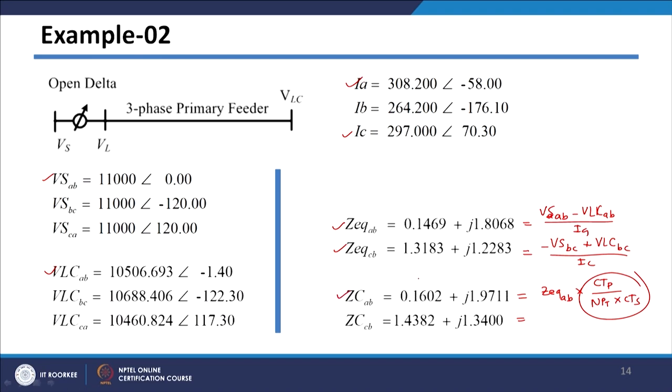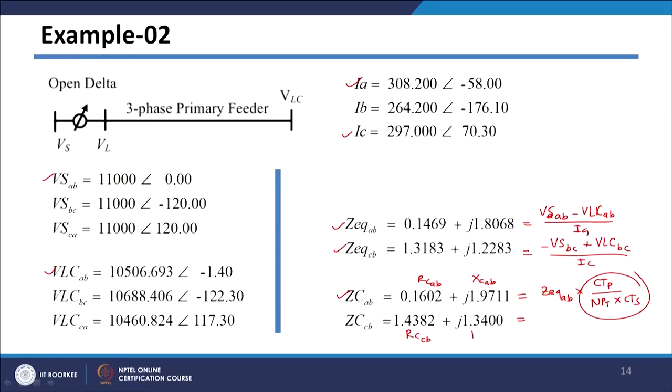These are nothing but RC in the AB circuit, and this is XC in the AB circuit. So these are the settings of the regulator in the AB phase, and this is RC in CB and XC in CB circuit. So these are the settings of the regulator in the CB circuit.